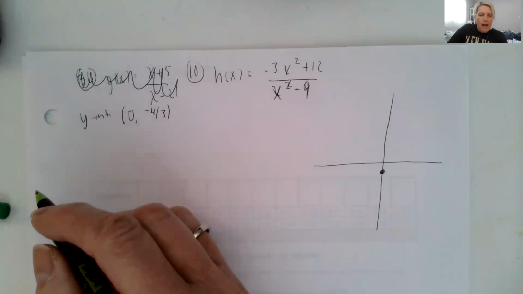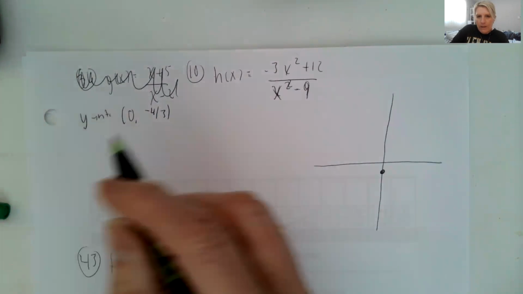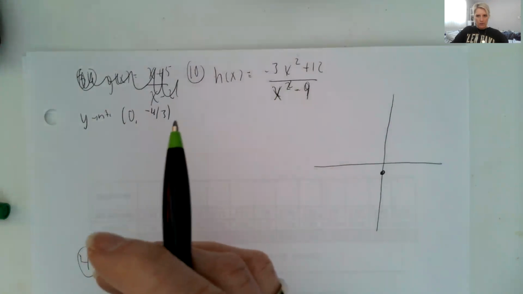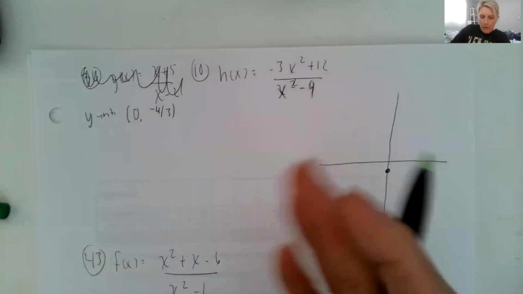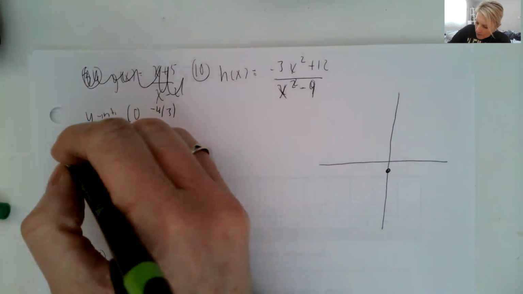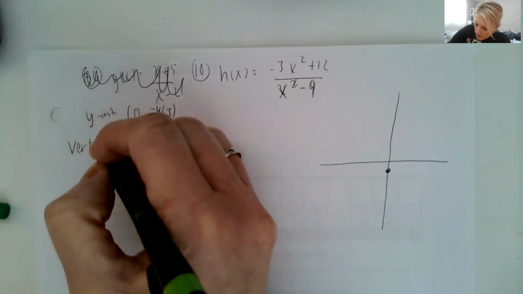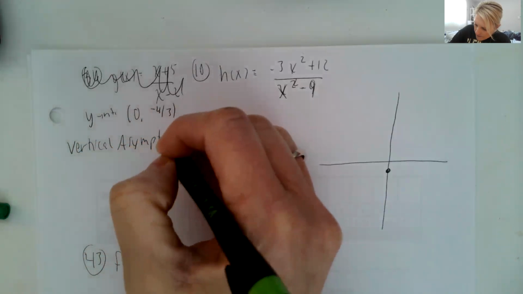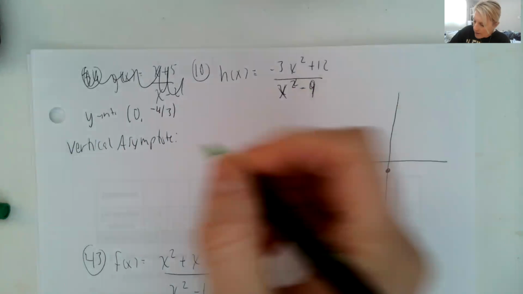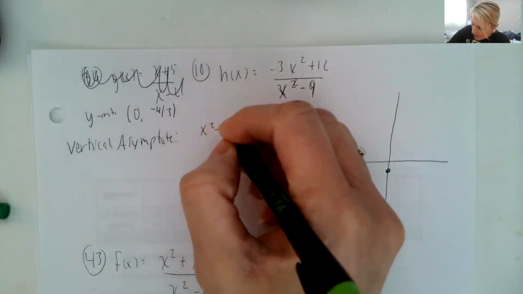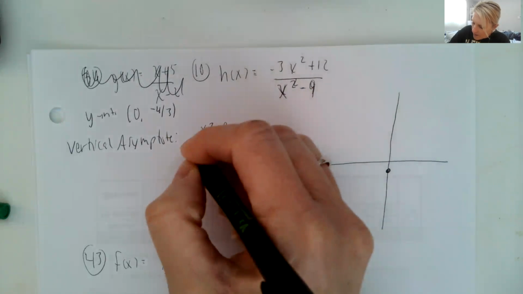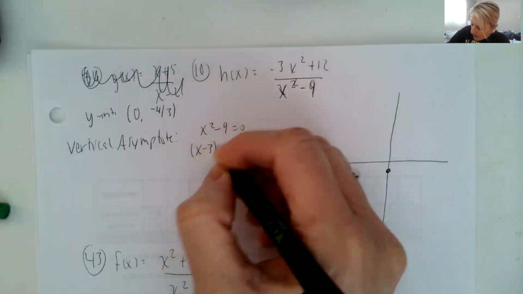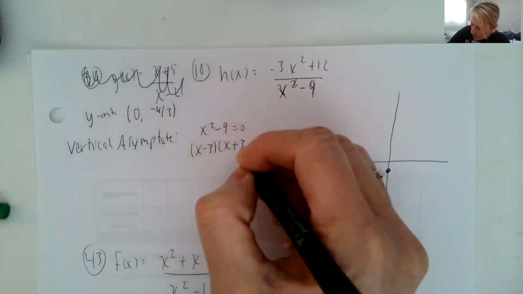Okay. So the x-intercepts we'll worry about as we move along. So let's look at our vertical asymptote. It is always where your denominator equals 0. So x squared minus 9 equals 0. So that means we have to factor this. It's going to be x minus 3, x plus 3. It's that special factor.